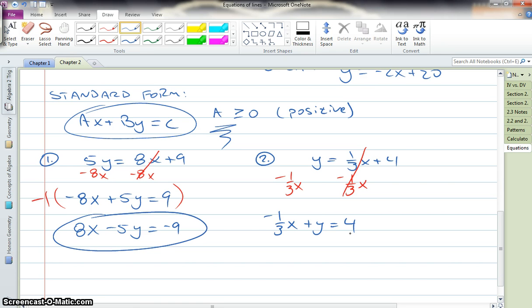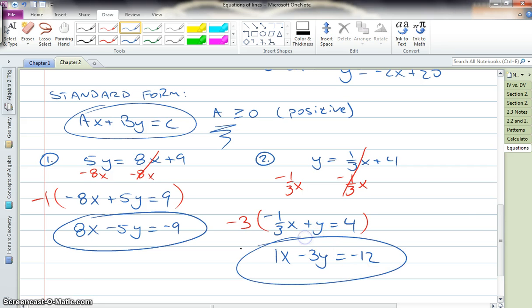Now, not only do I have a negative, but I also have a fraction. So to get rid of the fraction, we're going to multiply by 3. But to get rid of the negative at the same time, we're going to multiply by -3. So -3 times -1/3 gives me a positive 1x minus 3y equals -12. My a is positive. I'm in the form I want.